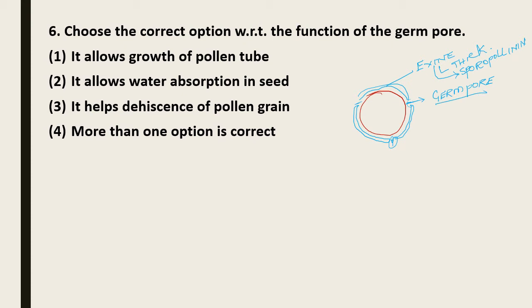Now the question is, with respect to the function of this germ pore, what is the correct one? So this inner wall is called intine. During pollen germination, the intine develops as a pollen tube to carry the germ nuclei, or male nuclei, towards the egg cell.